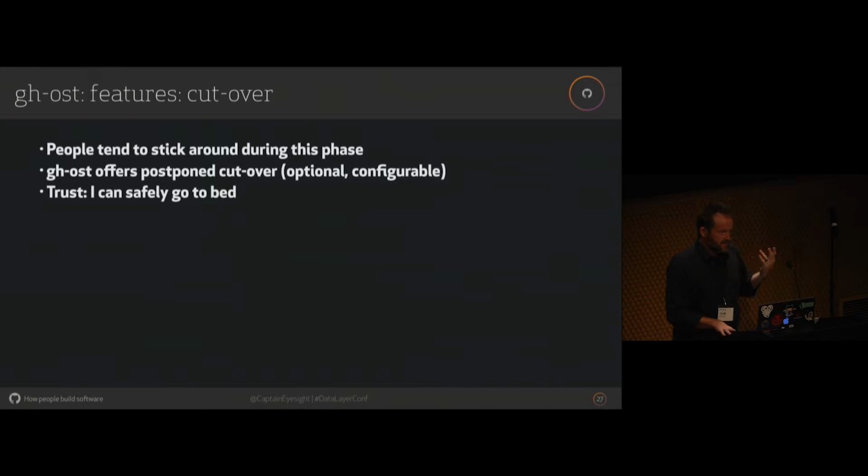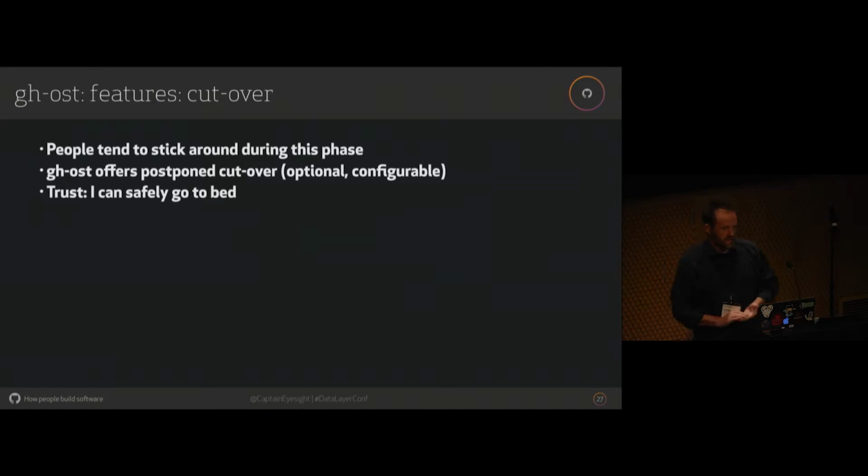Not that there was a huge concern about the cutover being a problem, but people like to be around, especially if you're removing a column, or the column that you're adding is waiting on some functionality for your application. So what this cutover flag allows you to do is say, I don't want to cut over until someone's here, until someone says, you know what, it's time that we do this change right now.